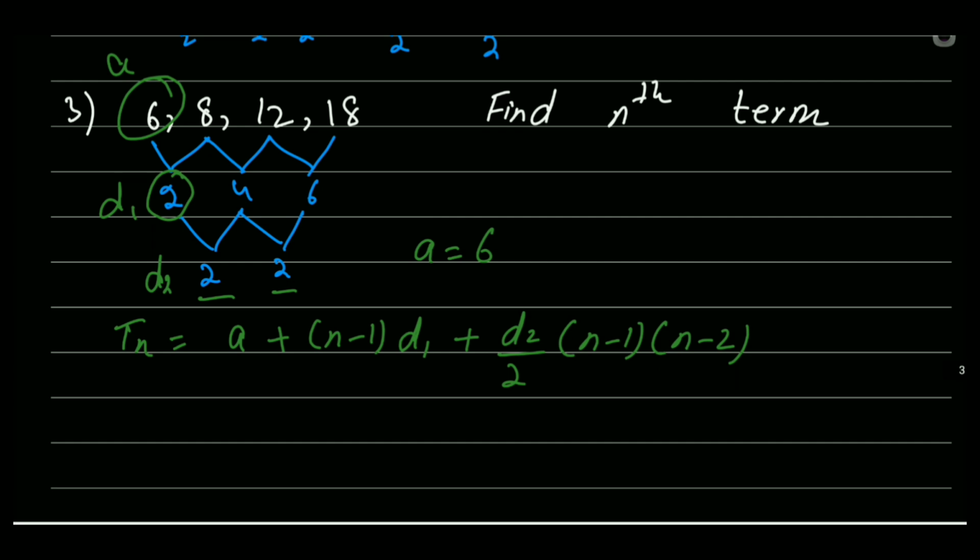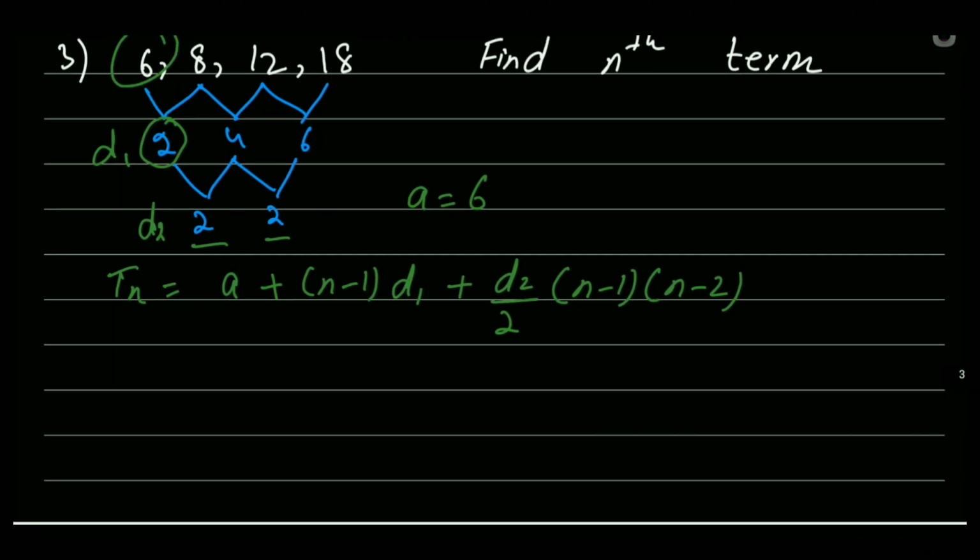So you just put the values: 6 plus (n minus 1), d1 is 2, plus d2 over 2, and d2 will be 2, into (n minus 1) into (n minus 2).